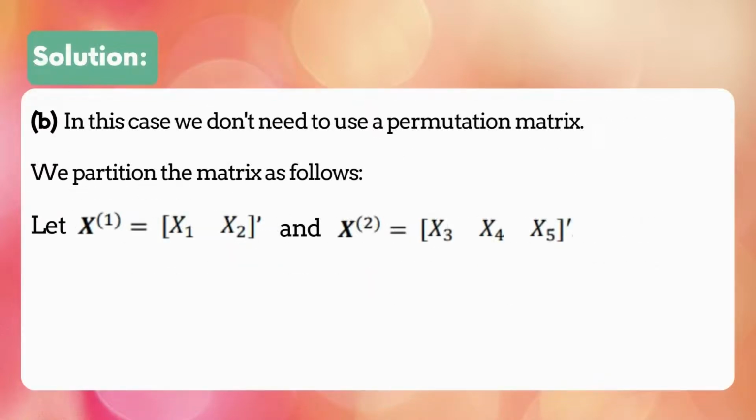Now, to solve for item 3B, we don't need to use the permutation matrix since all of the elements of the matrix X are of concern in this problem. We partition the matrix as follows. Let X superscript 1 equal X1, X2 transposed, and let X superscript 2 equal X3, X4, X5 transposed.